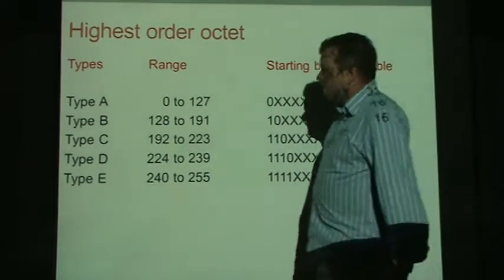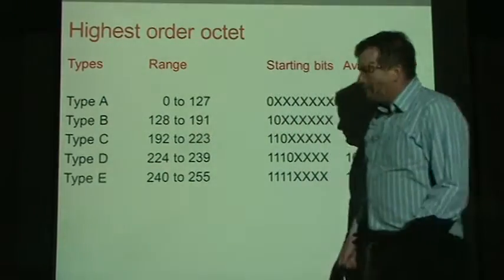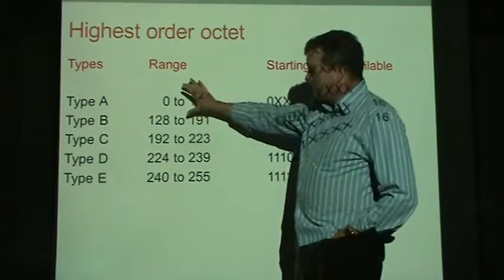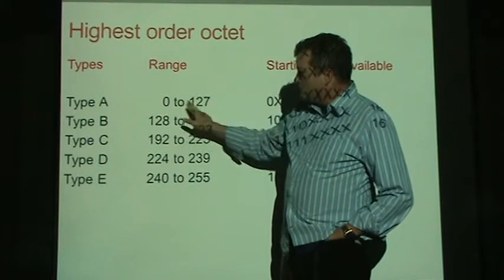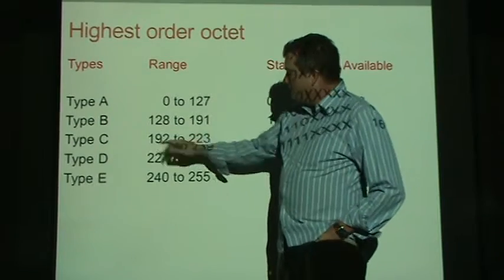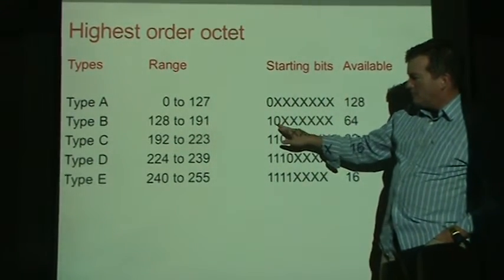So, type A IP addresses using IP version 4 are the ones where the highest order octet, the first 8 bits, are between 0 and 127. That's a type A. A type B is going to be where the first 2 bits are 1 followed by a 0.